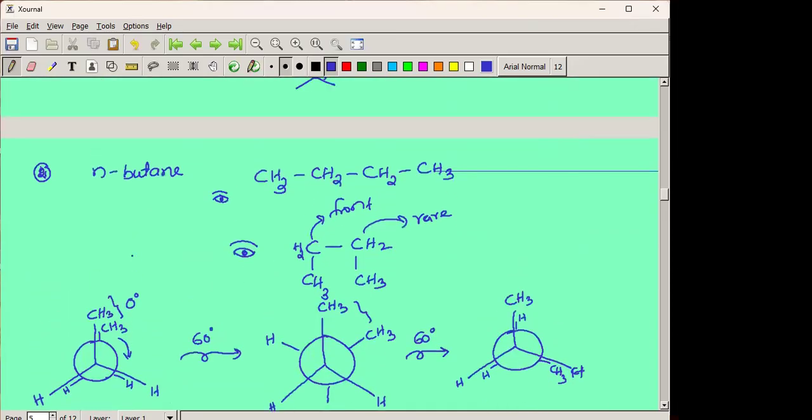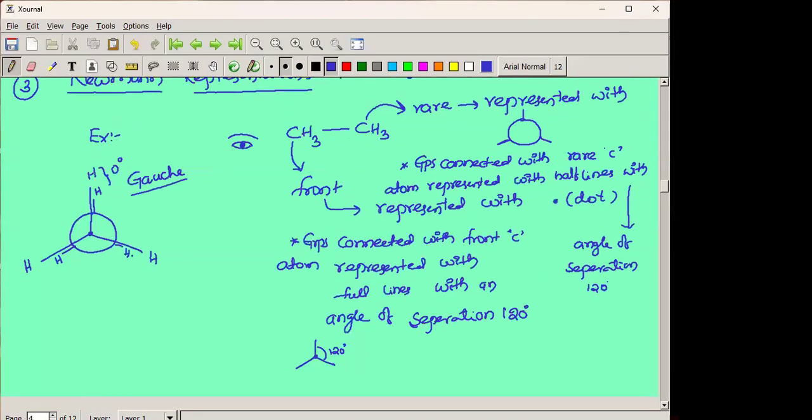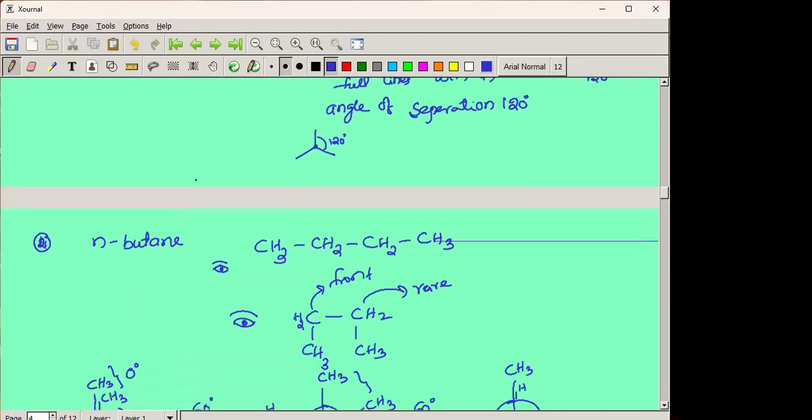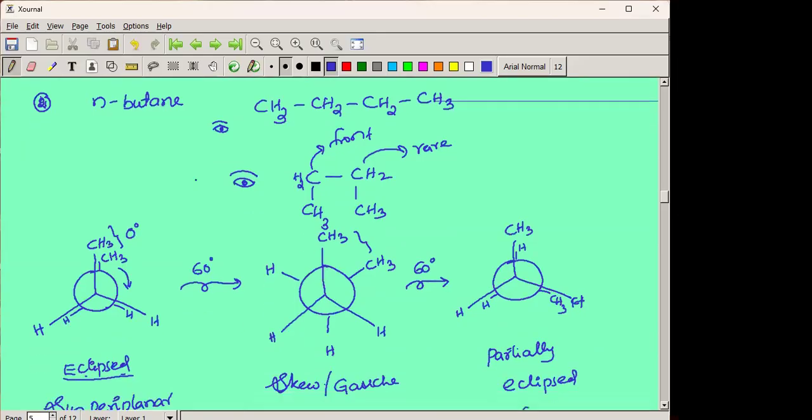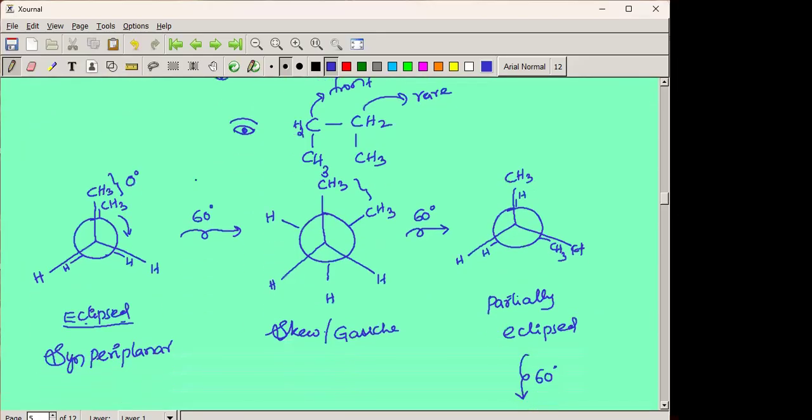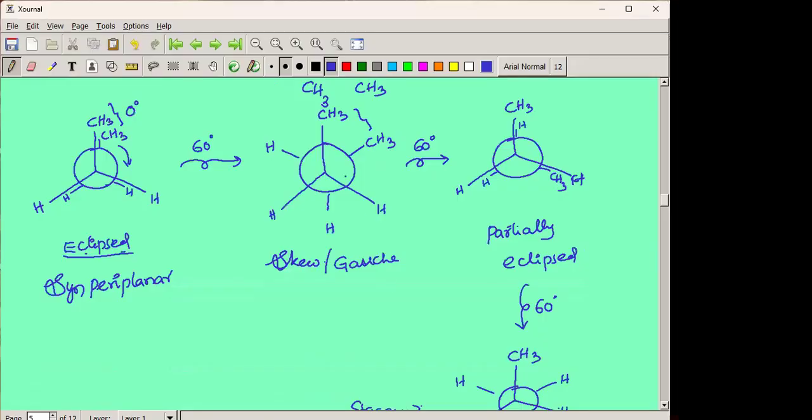Okay, so this is about the conformational isomers which are represented with a Newman projection formula. So here it is not a Gauche, this is an eclipsed form. With angle of separation 0 degrees, eclipsed. Angle of separation 60 degrees, Gauche or skew form. Here the methyl group is present on the right side.